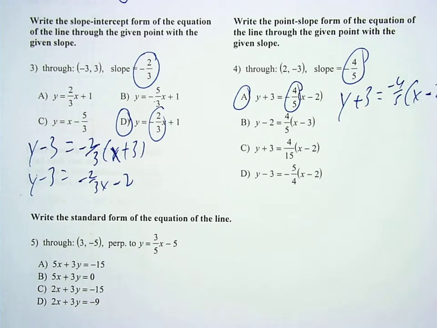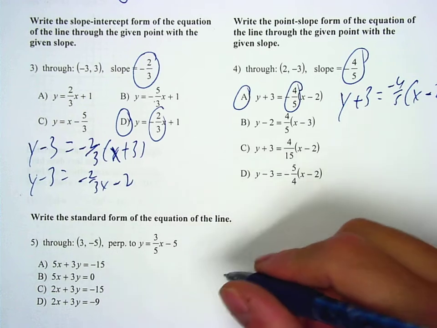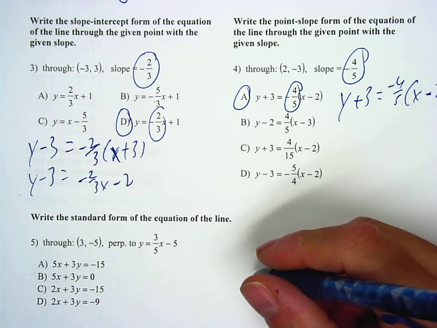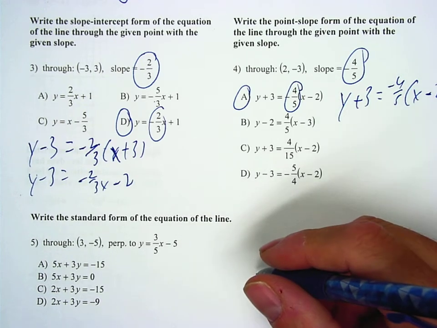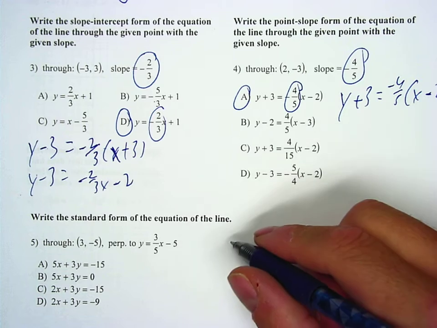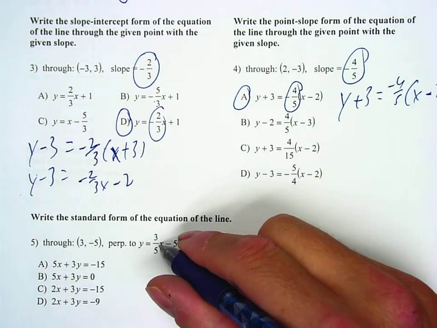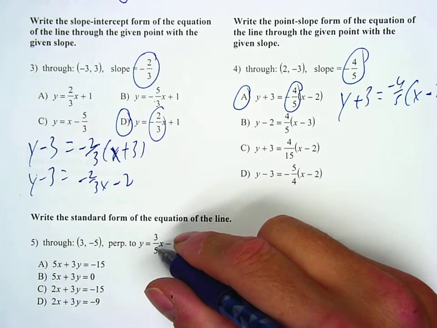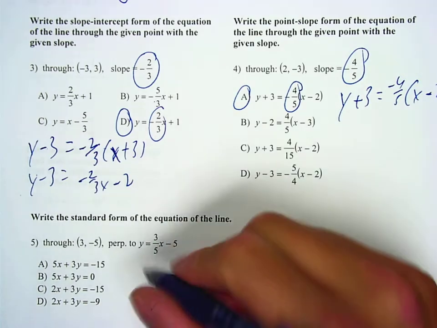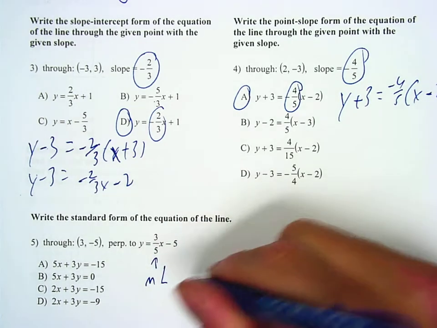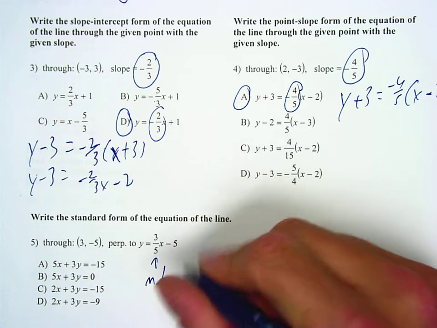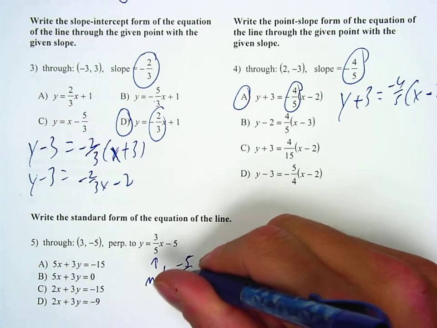All right. Standard form for equation of a line. So this one, there's a lot to consider here. You need to figure out what perpendicular means, which means flip the slope. So instead of 3/5, it's going to be 5/3. It's -5/3. So the slope perpendicular, upside down t, is -5/3.